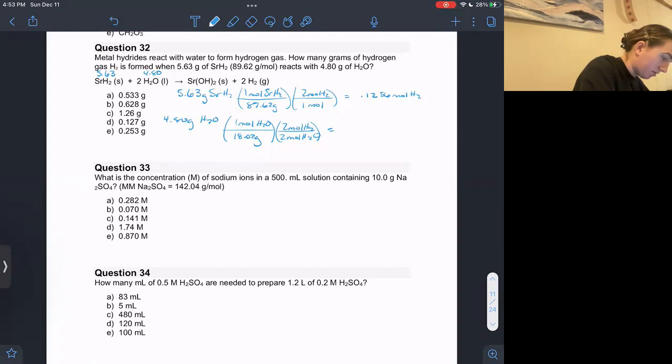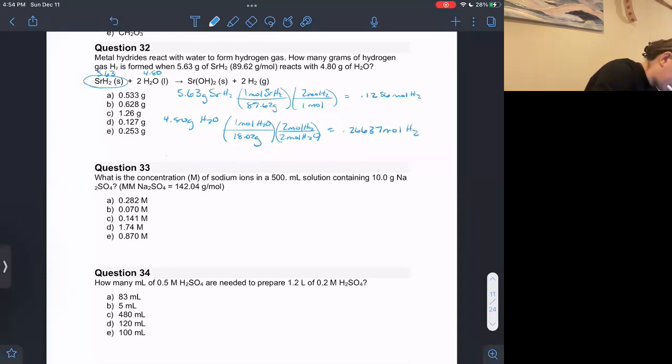Then I get 0.26637 moles of H2. So I produce more by using up all of my H2O than if I use up all of my strontium hydride. So this strontium component is going to be my limiting reagent.